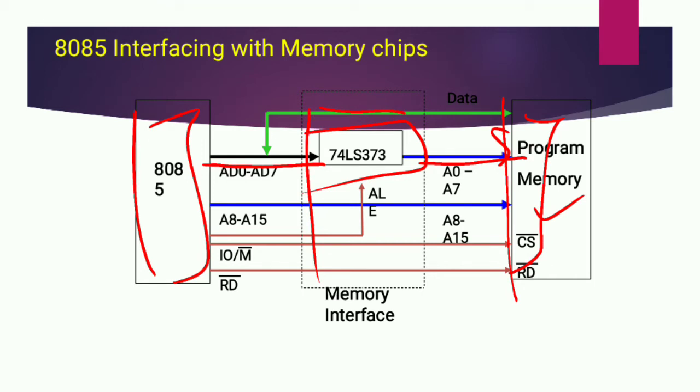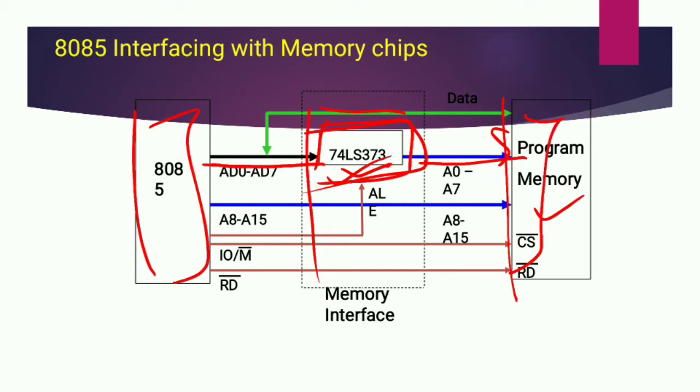The decoding task can be performed by a decoder, a comparator, or a PLA, programmable logic array. In this section, we are using the IC 74LS373, which shows the interface of the memory chip.